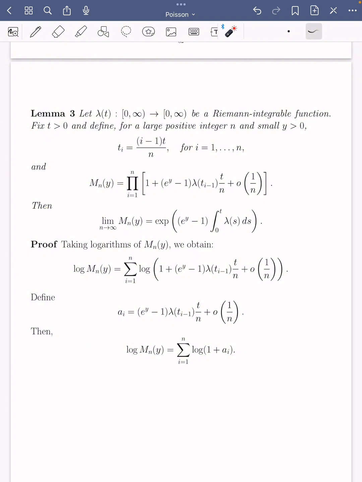The function M_n is defined as the product of these terms. And we claim that the limit of this function is equal to e to the y minus 1, times the integration from 0 to t of lambda s ds.